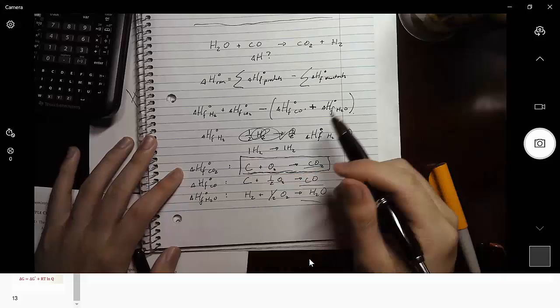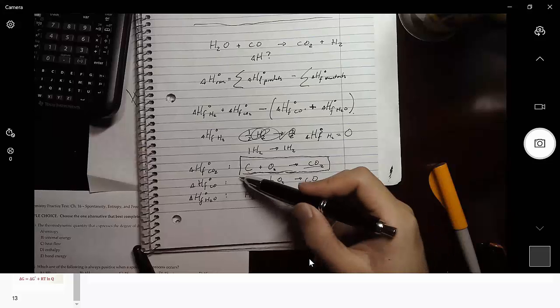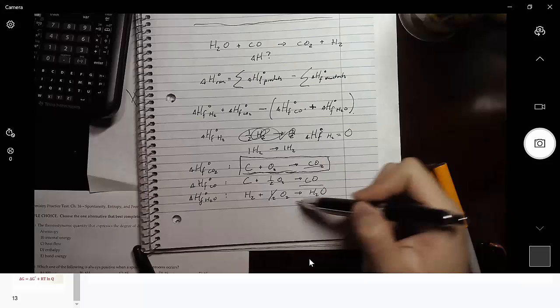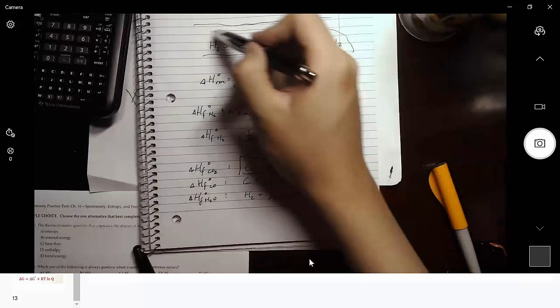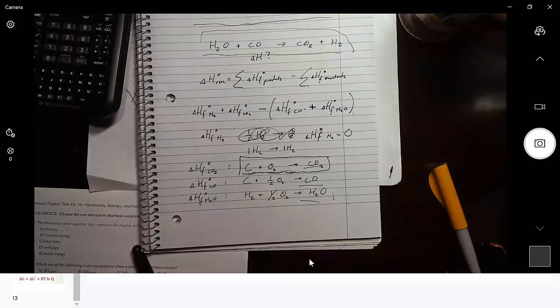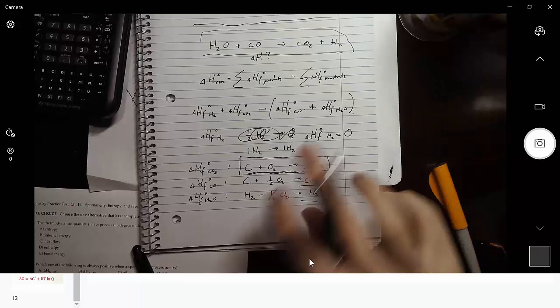If we take that reaction, and then we subtract these, we get this reaction, right? It's kind of hard to see this, but you can think of subtracting these as the same as adding the reverse.